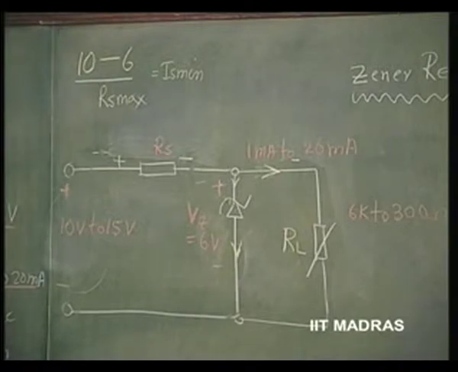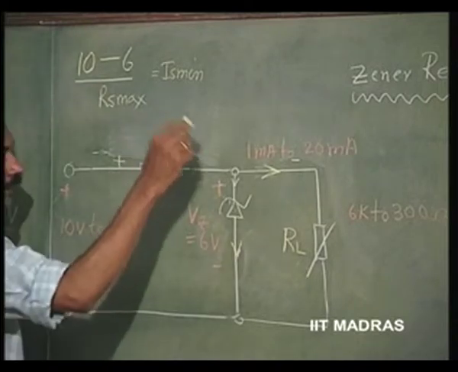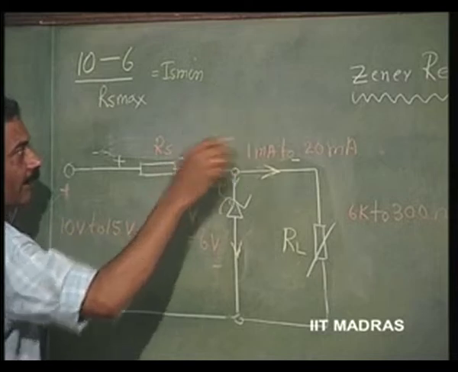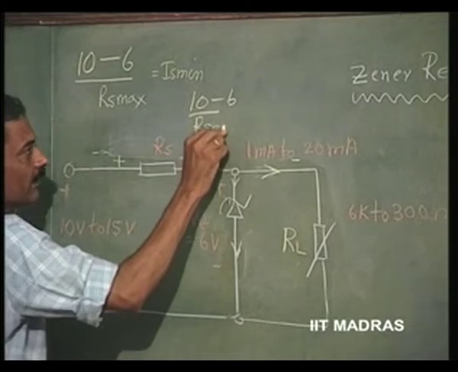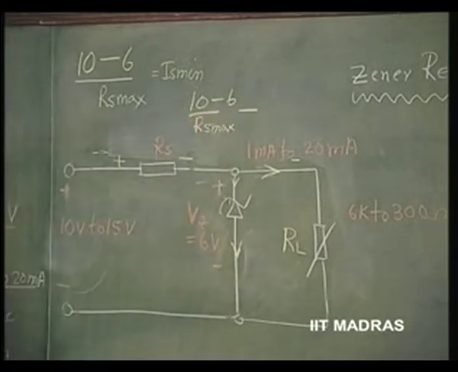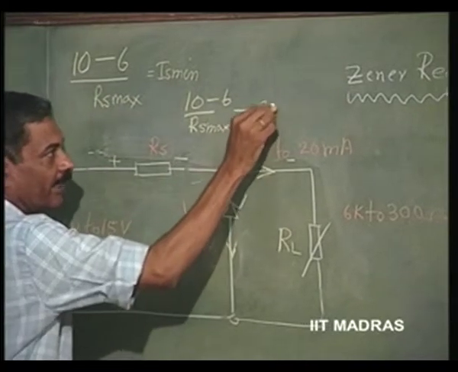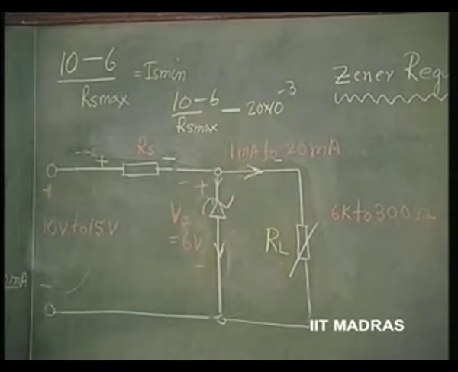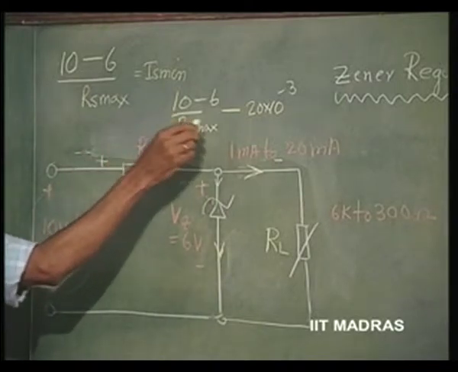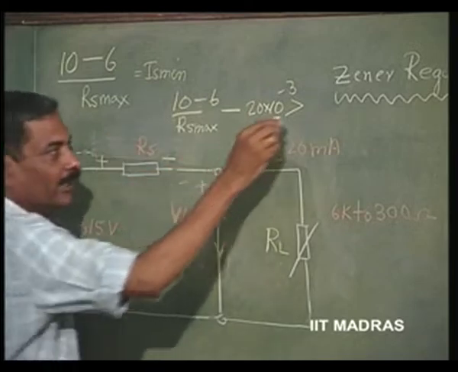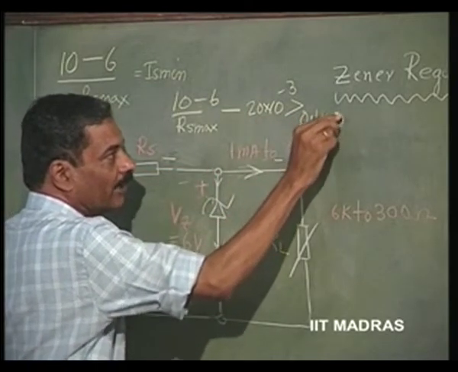If I deduct from this 10 minus 6 by Rs max, this is the minimum current, I will take out the maximum current to be given to the load. So, that is 20 milliamperes. Now, this is what is left as the minimum possible current through the Zener, and that should still be greater than 0.1 milliamperes.